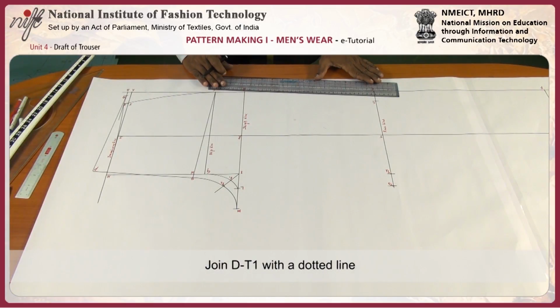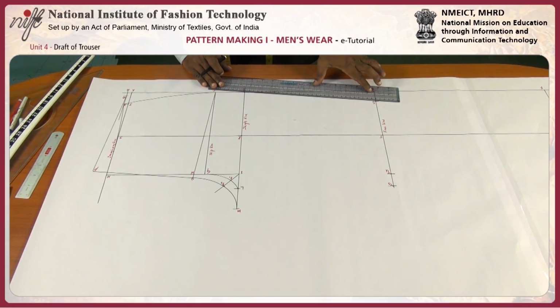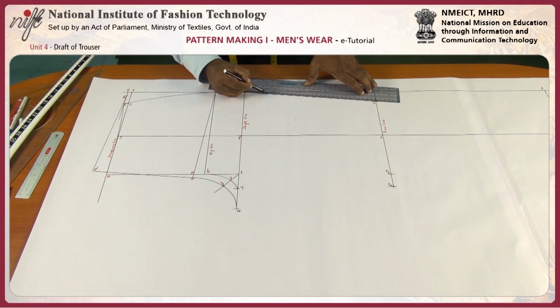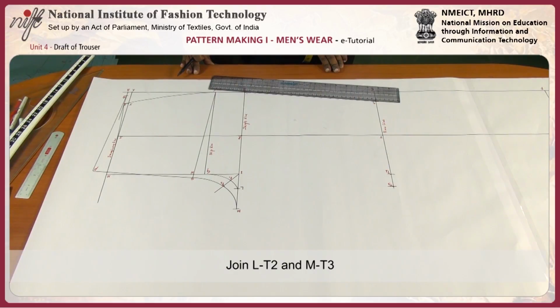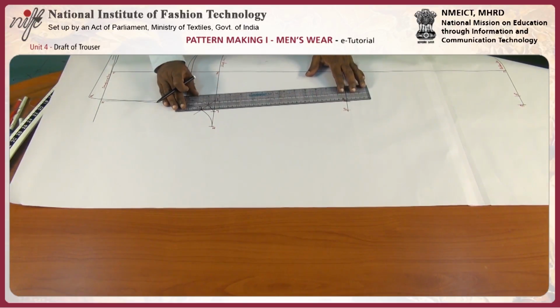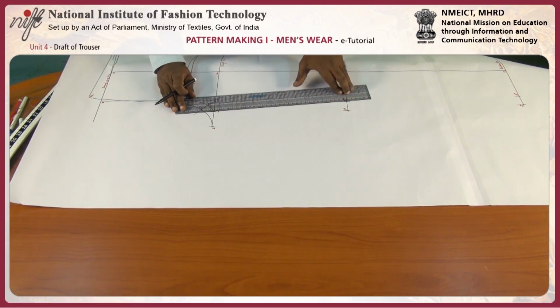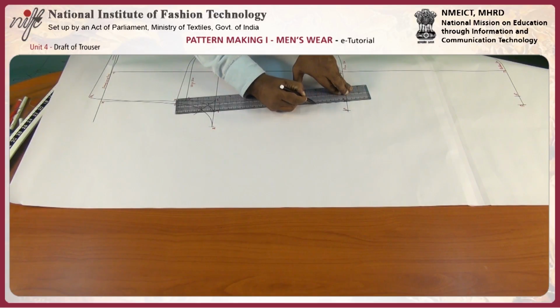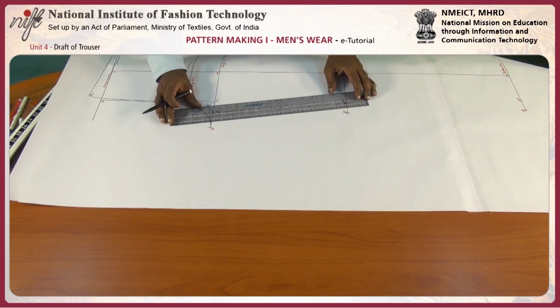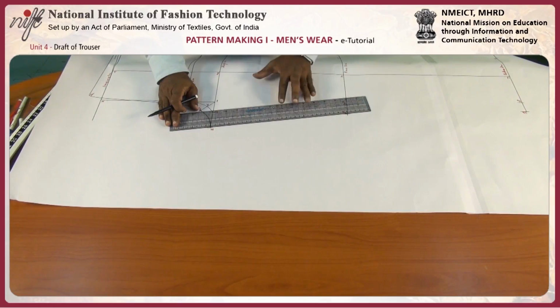First, join D and T1 with the dotted line as shown in the illustration. Do the same with L, T, T2 and M, T3.